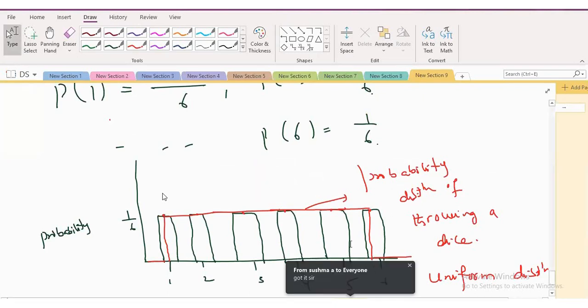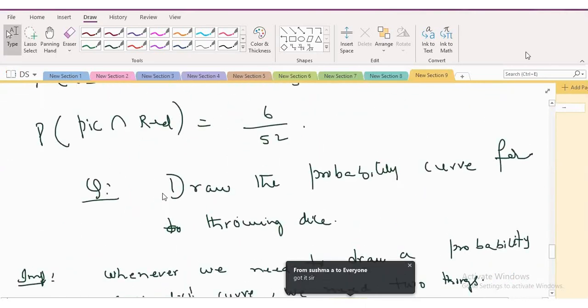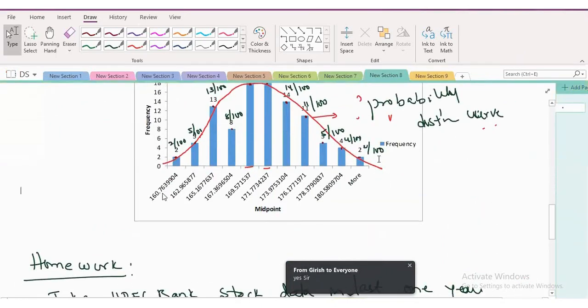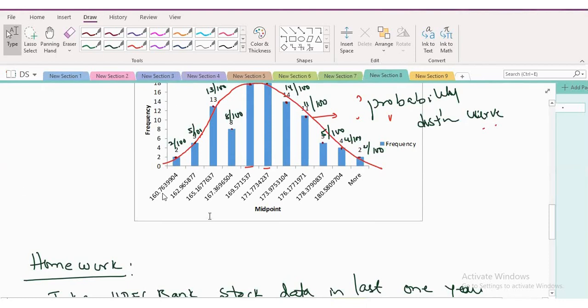Interesting? Now, by looking at this graph, can I look at the outliers also? If the probability is very, very less and at the corner, at the end, can I call those outliers by looking at the histogram? But I don't know from where I need to call the outliers.